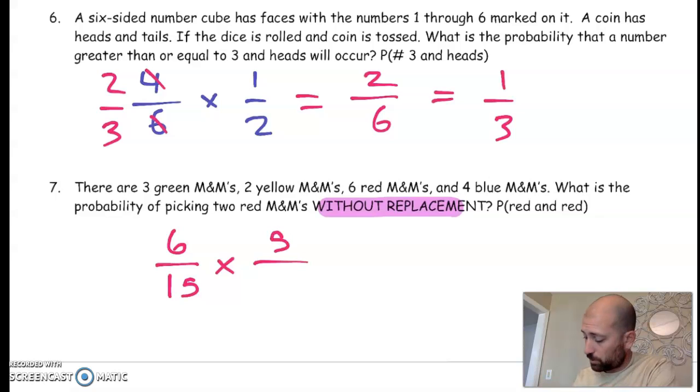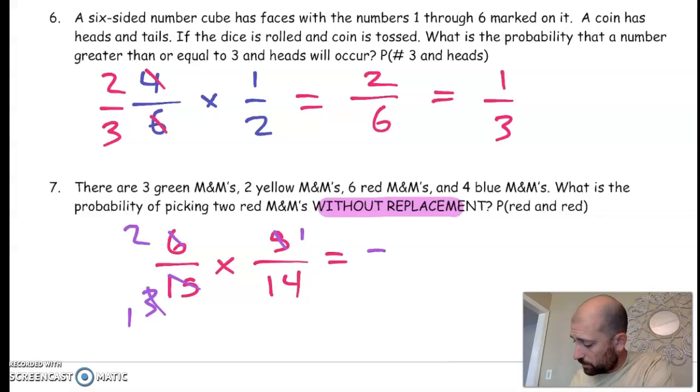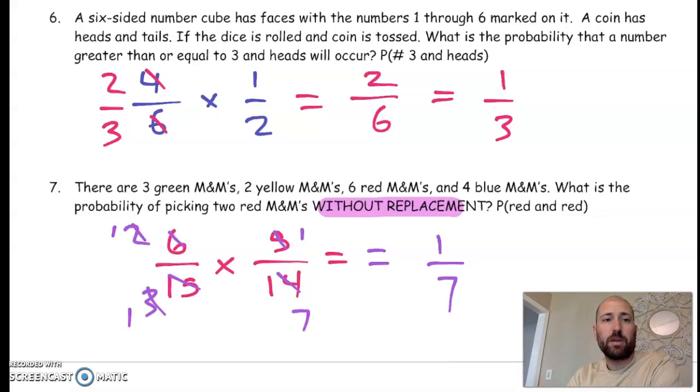Took one of the M&Ms out, so there's 5 out of 14 red remaining. Okay. I can multiply that. I'm going to do some cross canceling to make my life easier. First, 5 and 15, and then 6 and 3, and then finally 2 and 14. So what that gives me is equal to 1 out of 7 chance to get a red and a red without replacing.